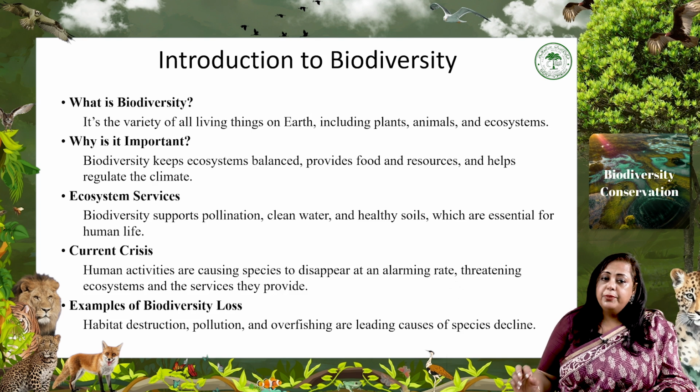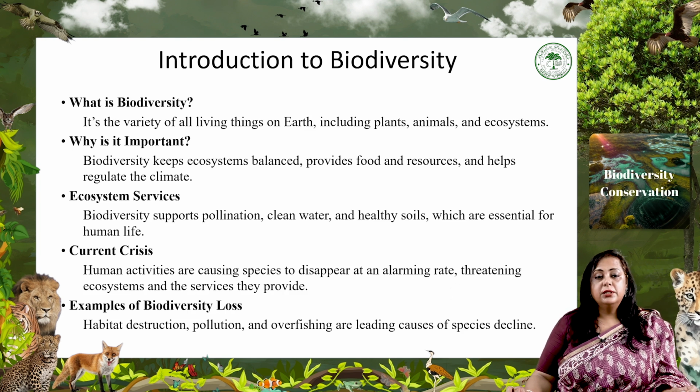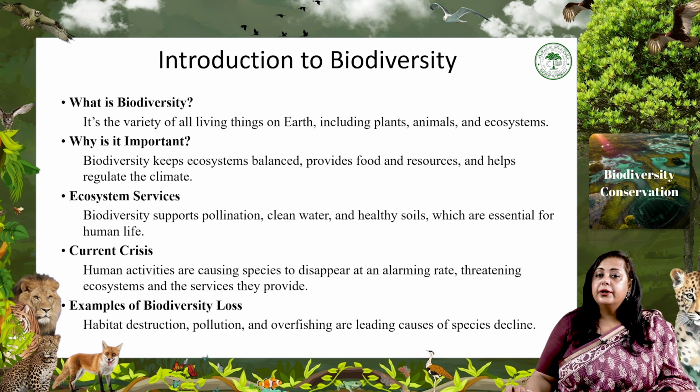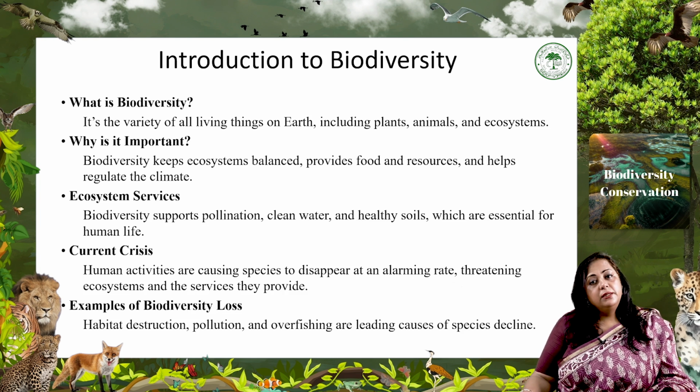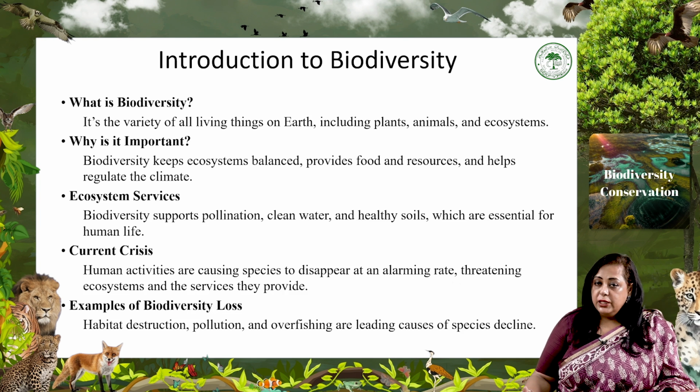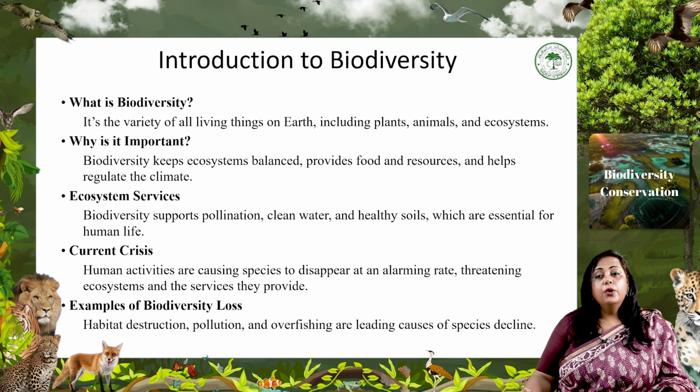The importance of biodiversity is that it keeps the ecosystem balanced, provides food and resources, and helps regulate the climate. It is the green plants and the animals that actually regulate the climate, and we know what is happening with the climate because of our wrong practices.